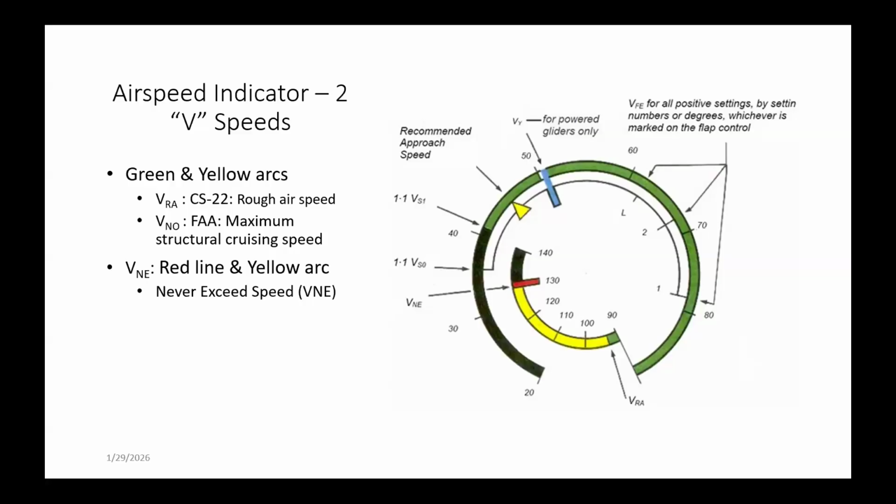Now, in Europe, the red line is valid up to the altitude used for certification. That's commonly 3,000 meters, but again, check what it was for your aircraft. You may actually have to go look at the type certificate data sheet in order to find that number. And what they do then is they provide a table that you use to derate the red line when you're above that altitude.